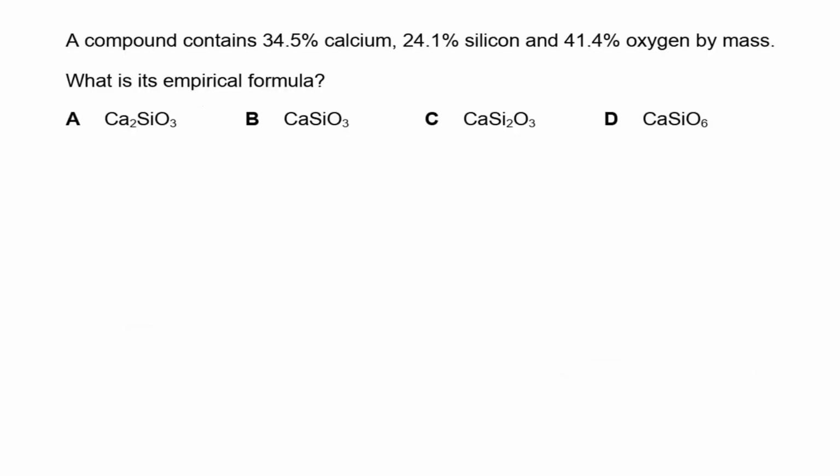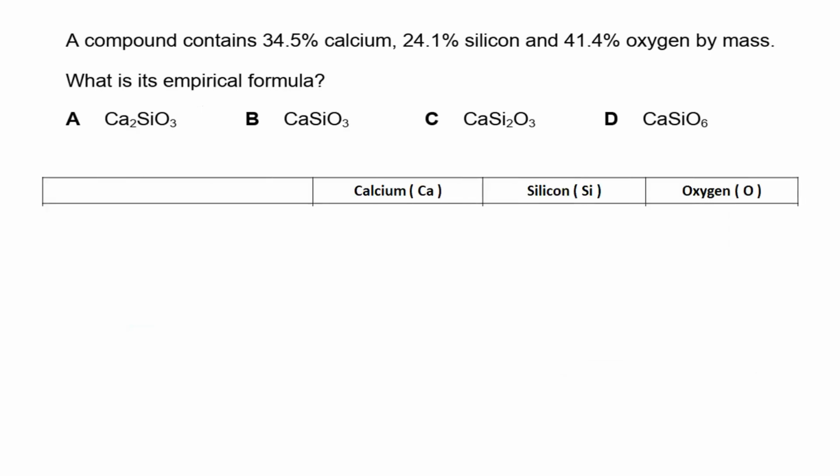It's okay. Number 2, the compound contains 34.5 calcium, 24.1 silicon, and 41.4 oxygen by mass. What is its empirical formula? Okay, A, B, C, or D, with the same steps like in problem 1.